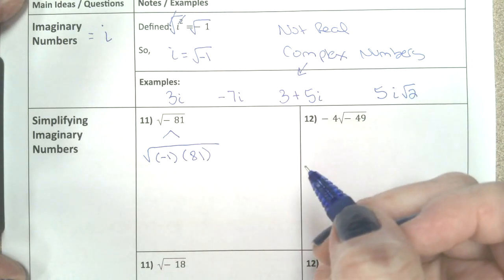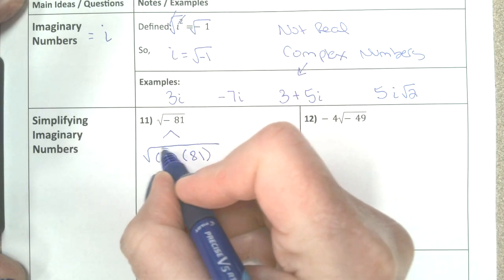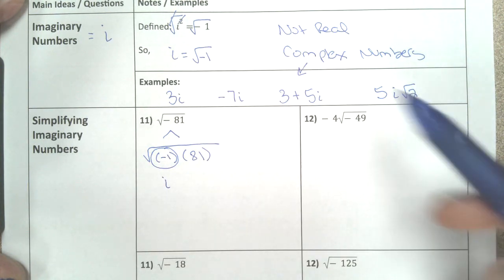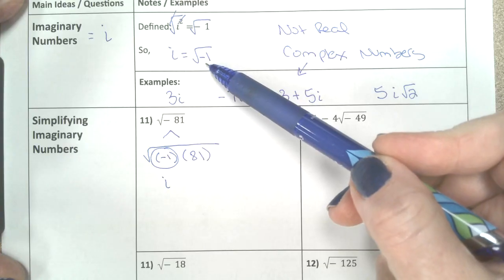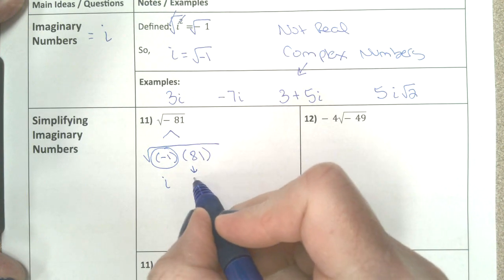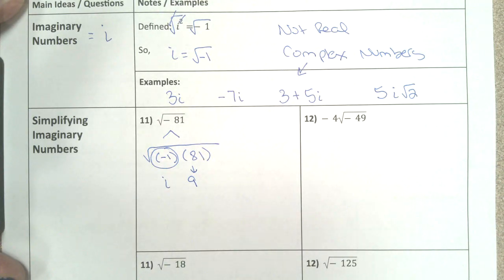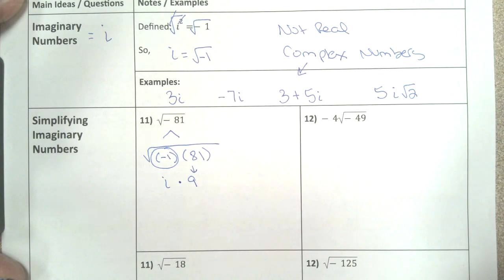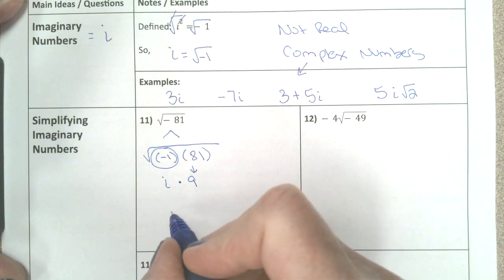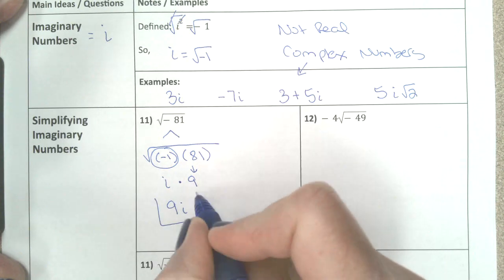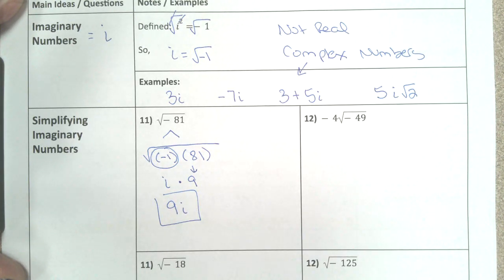I can take the square root of each of these. The square root of -1 is i, by definition, above, and the square root of 81 is 9. When you take each of these out, they're multiplied together, and we put numbers before variables, and that's our good final answer.